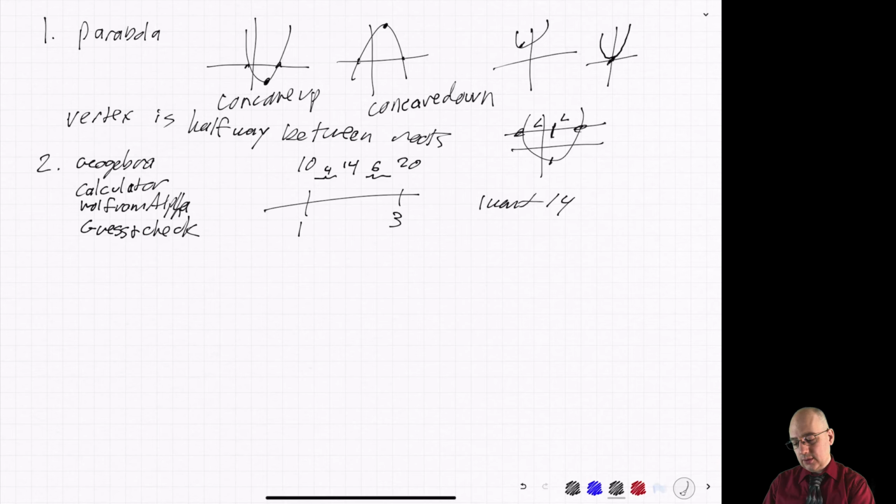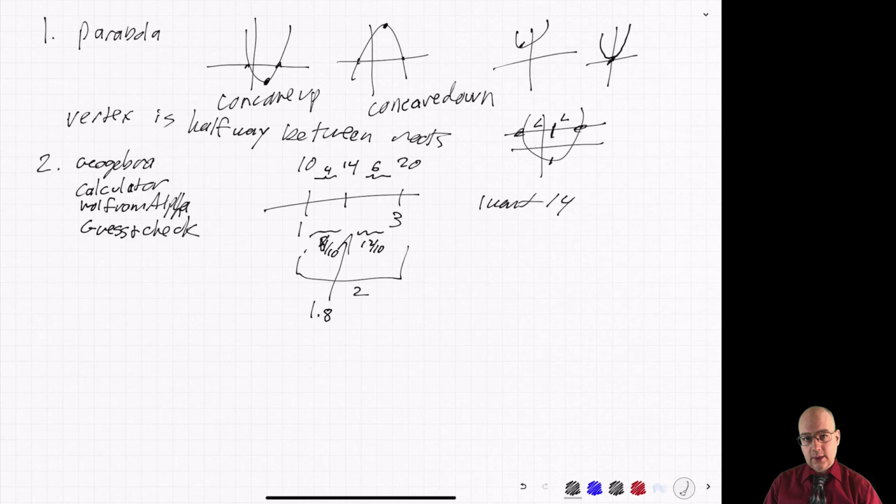And so I want to go 4/10 of this total length, which is 2. And so that's adding 8/10 there. And if I were going down from 3, that would be 6/10, or 12/10. But anyway, I would try 1.8 next, right?